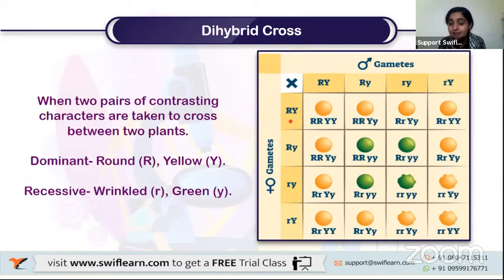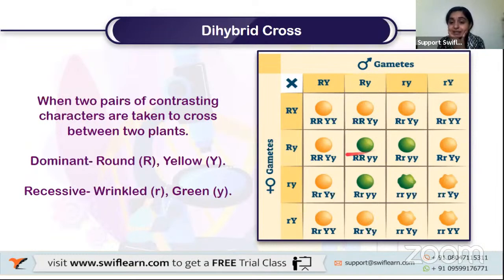Similarly, RY, we keep it constant, and here, if we see, r is small, that is wrinkled, Y is yellow, right? It's capital. So what is more dominant? R here, that is for round, is more dominant. So we have a round one. On the other hand, Y is the dominant one for yellow. So we have a round and yellow progeny over here.